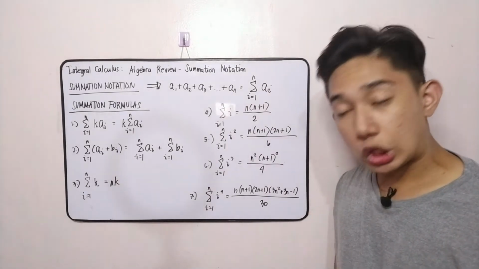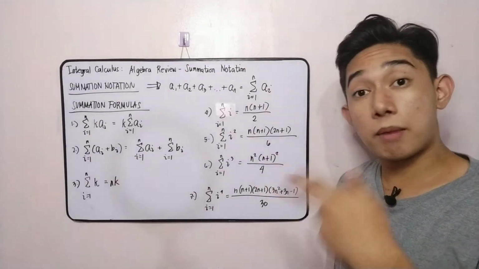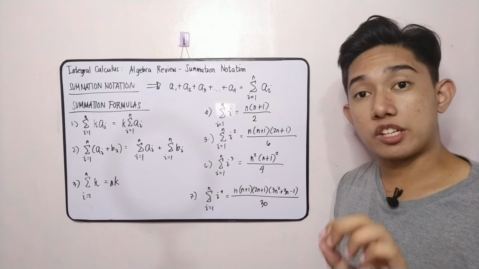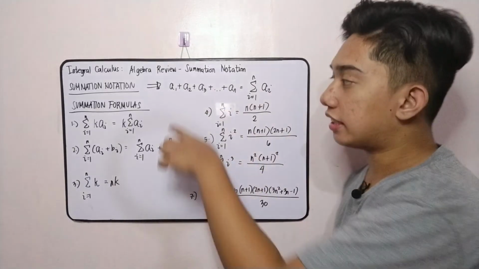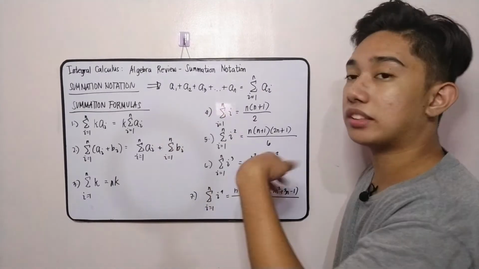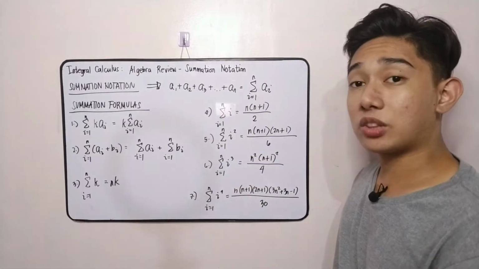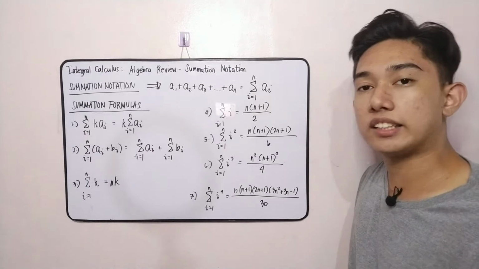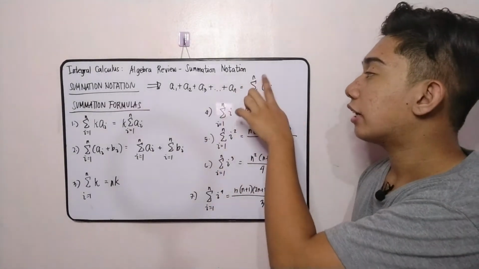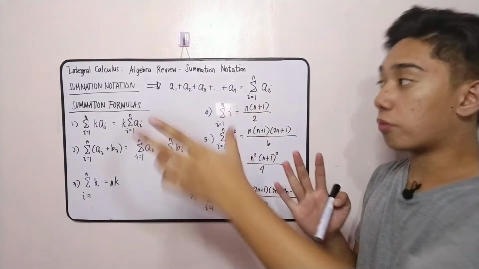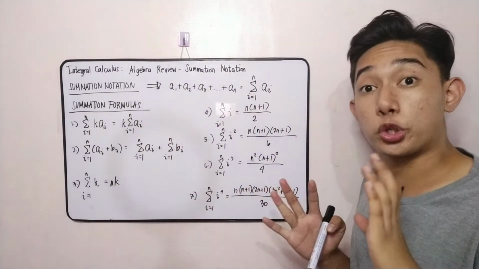When you recall your sequences and series, remember that the sum of all the terms in a sequence is called a series. Let us say this is a series: a sub 1, a sub 2, until a sub n. If we add that, it is really long or really tedious. In order to prevent that, we will transform this long expression into its shorter one.